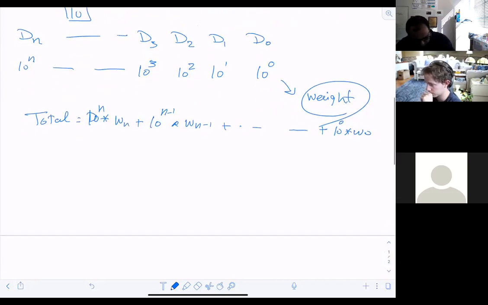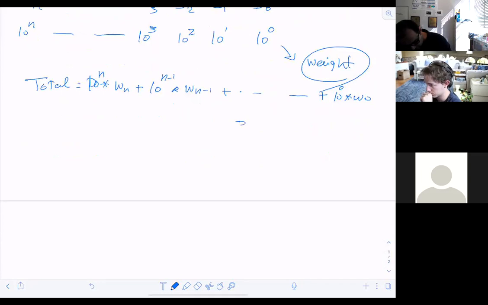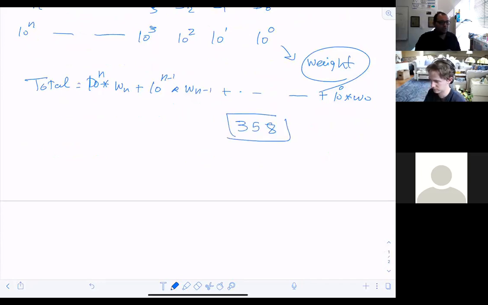They are numbers. For example, I have the number 358. Let's map it to what I mentioned.